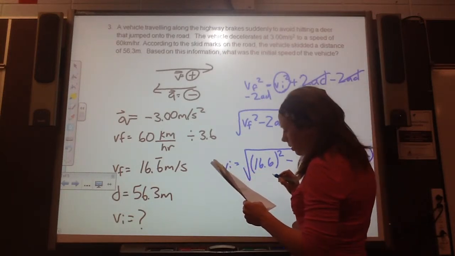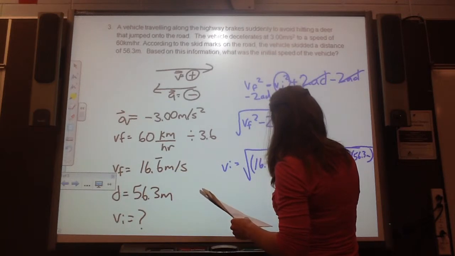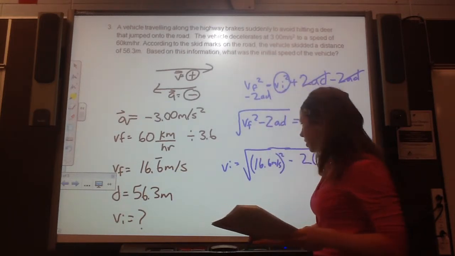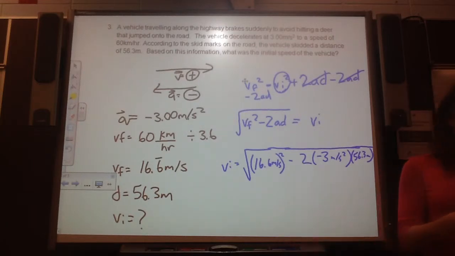So sometimes you might have to do multiple steps on your calculator. If you don't want to do multiple steps on your calculator, you must use brackets, okay? So let's try it. Let's all make sure that we use our calculators and get the right answer so that you know how to put it in. What you could do is do this chunk first, then go this chunk minus this chunk, and then square root it. Or you can just put it all in.